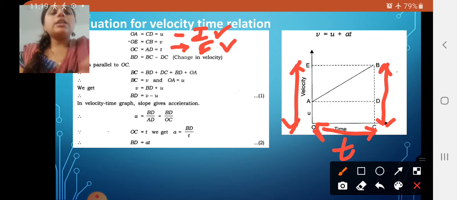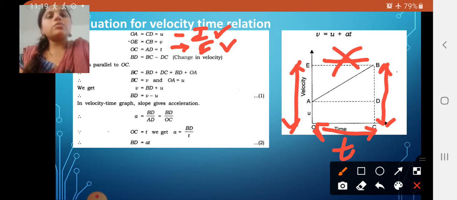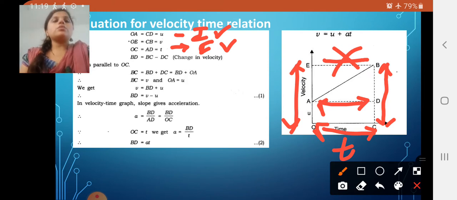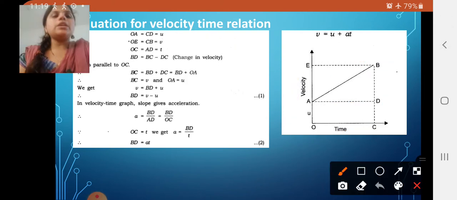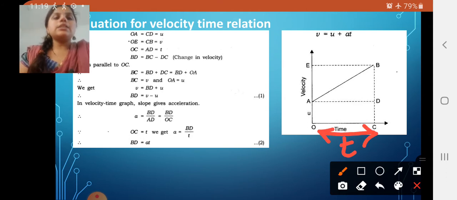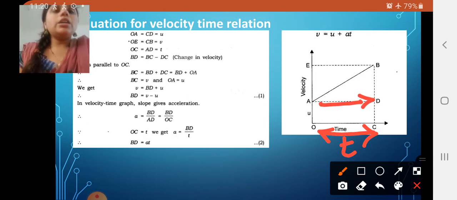The parallel line of OC is EB, but we are not going to consider this. We are going to consider only A to D. Don't get confused. Once again, the distance from O to C is represented as t, and the parallel line of it is AD, so again it is represented as t.